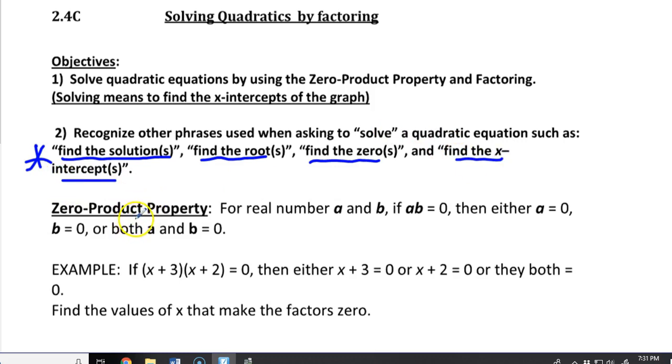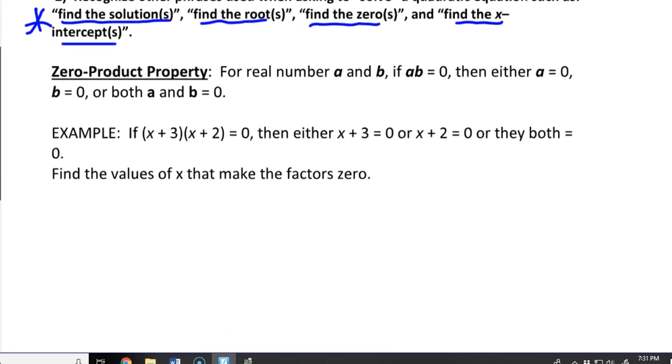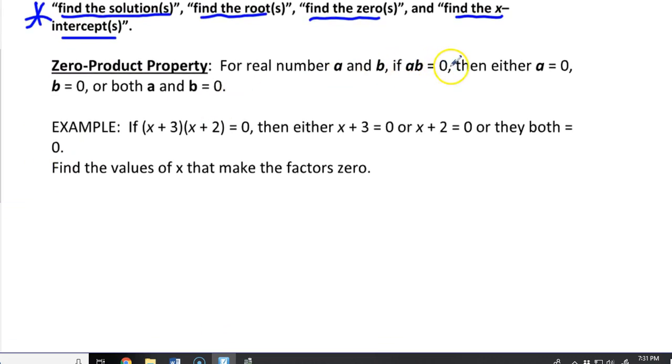Now, this zero product property, we looked at this before, but we said if we have two numbers we're multiplying and their product is 0, then either one or the other or both of them must be 0. Because when you're multiplying and you get 0, one of the factors must be 0, right? So let's see how that plays out with this particular quadratic.